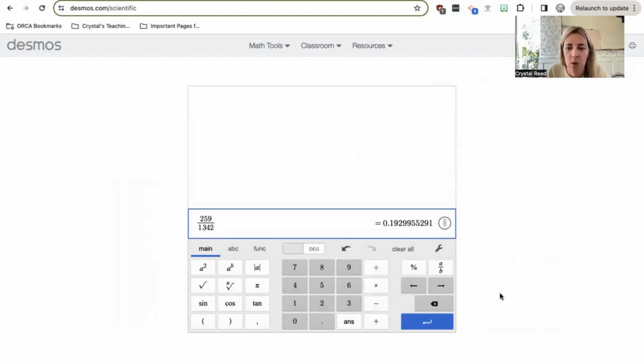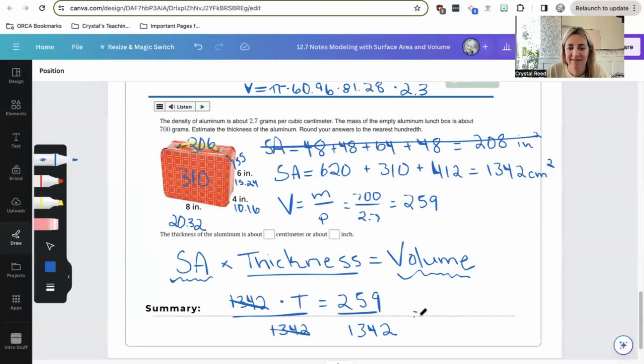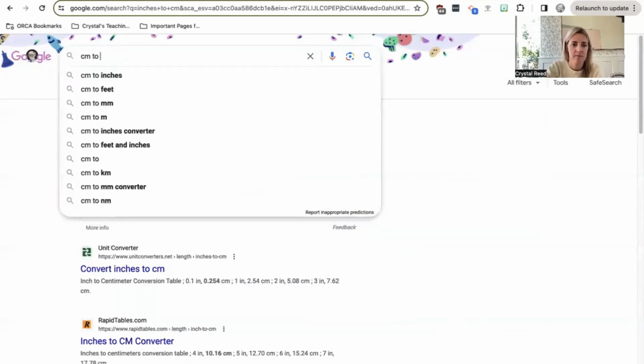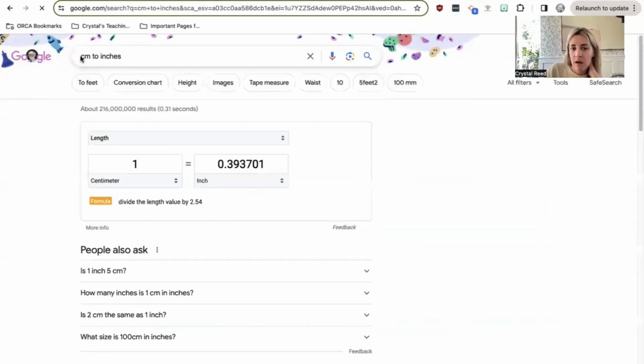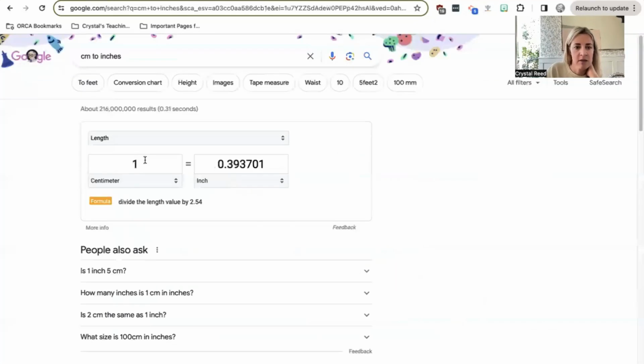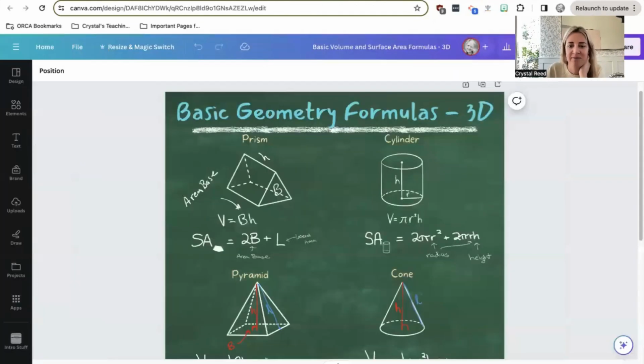Our thickness is 0.19. All that for that. 0.19 centimeters, and then you can convert that to inches. It said 0.19 centimeters is 0.07 inches.